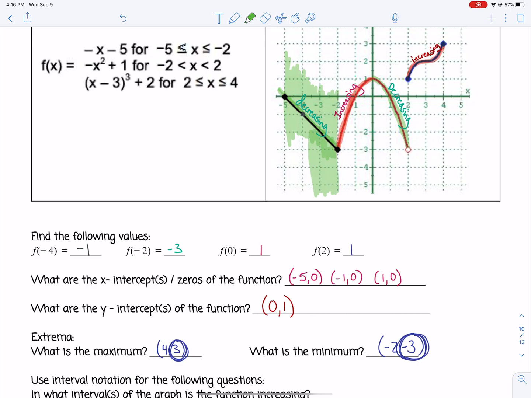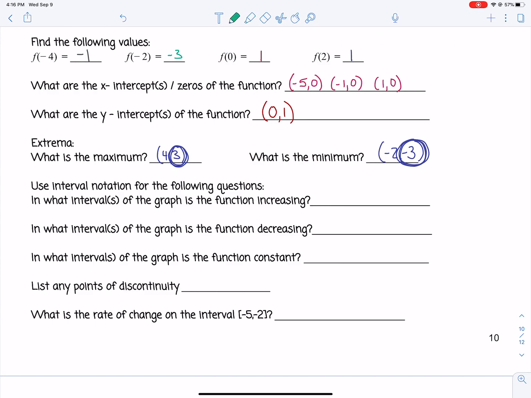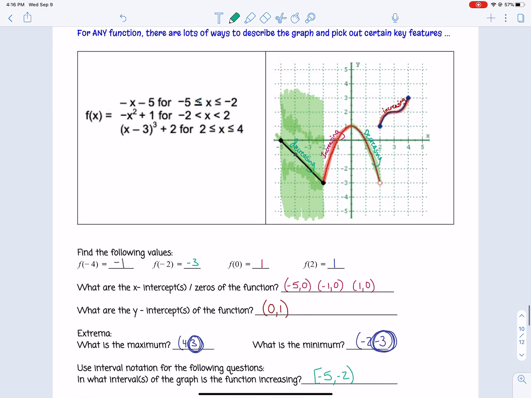In that area of the graph, my function is going down from -5 to -2. So I'm going to put -5 with a bracket because that endpoint was solid, up to -2, but I'm going to put a parenthesis at -2 because right at -2 it changes direction and it starts to increase in the next interval. So let's highlight that interval.